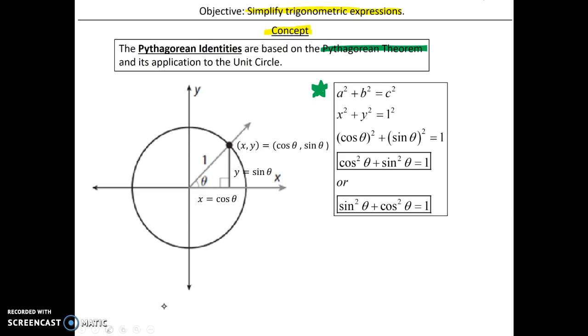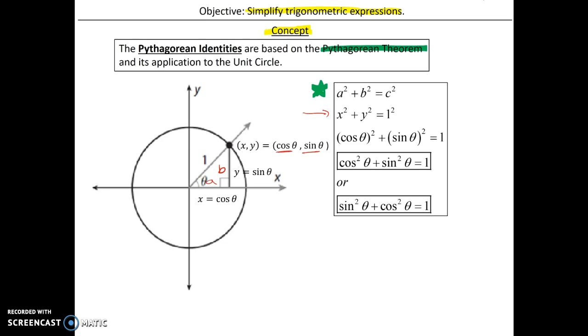So if I take this idea and let this side of a right triangle in the unit circle be a, and this side be b, I can adapt the Pythagorean theorem to be x squared plus y squared equals the hypotenuse squared, which is 1 squared. From our work in the unit circle, our x value is cosine and our y value is sine.